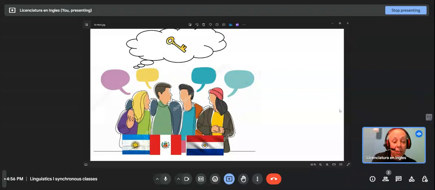pronounce differently. So, summarizing, all of them think of the letter L, and they have the concept, the idea of the letter L in their minds, but when they pronounce it, they have different physical sounds.